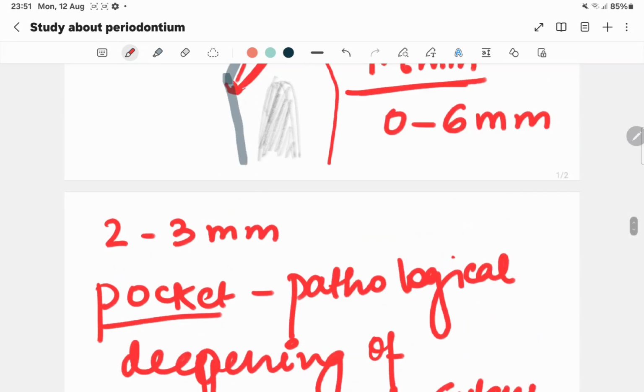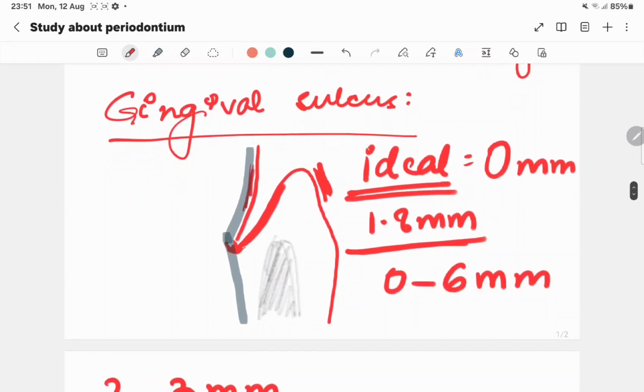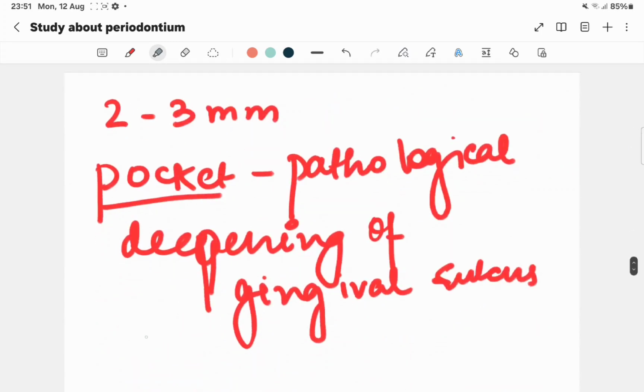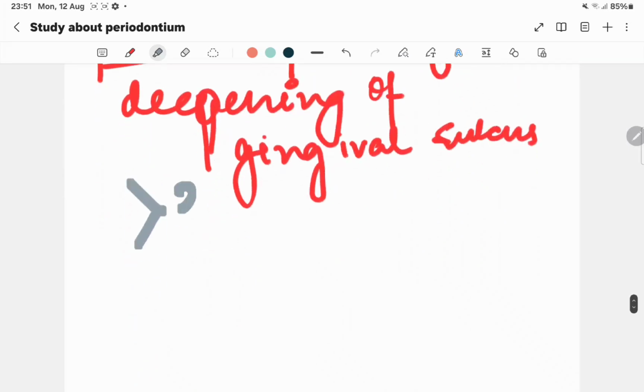This is your gingival sulcus going down. That is when pocket formation takes place. Beyond 3 millimeters is your pocket.